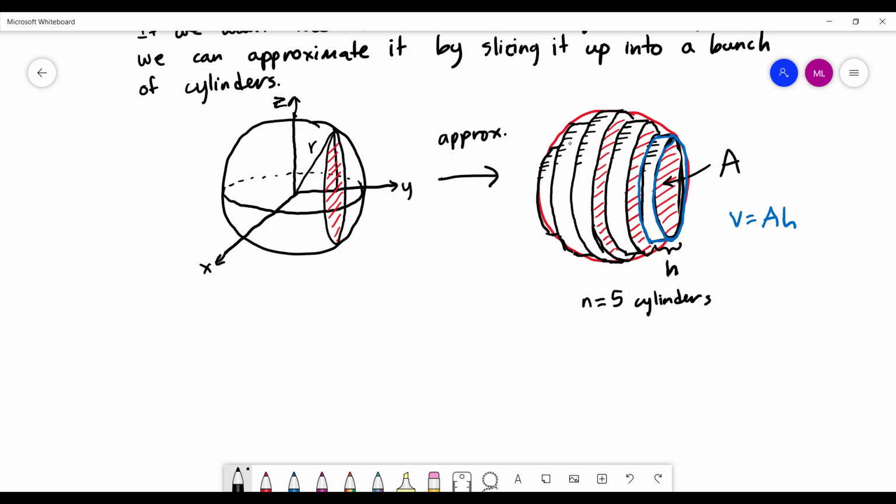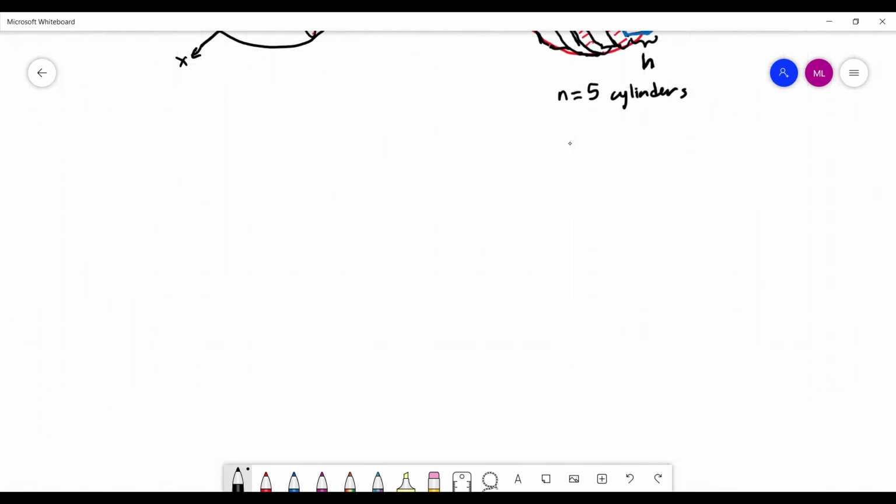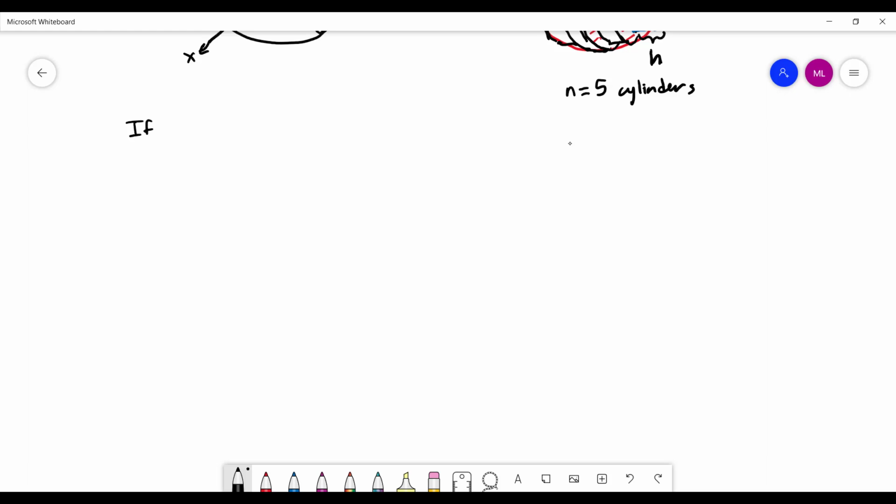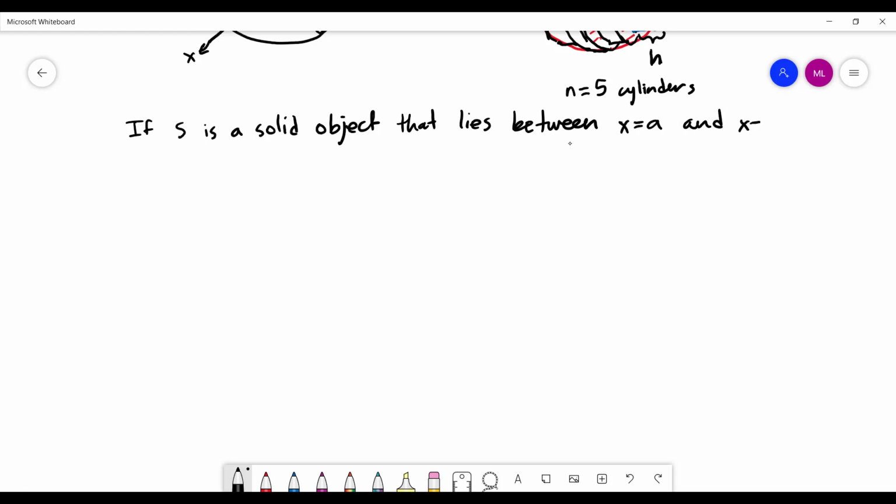Okay. So what this means is formalizing this, putting this to use with a formula that we're going to be able to apply calculus to, is that if we have a solid object, I'll call it S for solid, so if S is a solid object that lies between 2 x coordinates, lies between, let's say x equals a and x equals b.